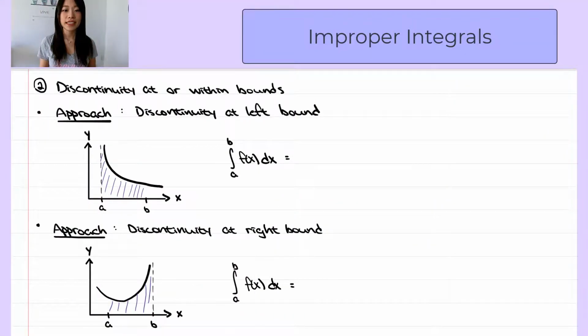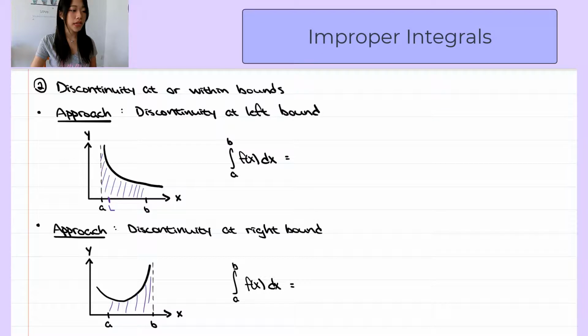Now let's look at the second type of improper integrals. That is when you have discontinuity at or within the bounds. The approach is similar. If you have discontinuity at the left, then we replace the left bound by some other value, say L, and take the limit as L approaches a from the right.